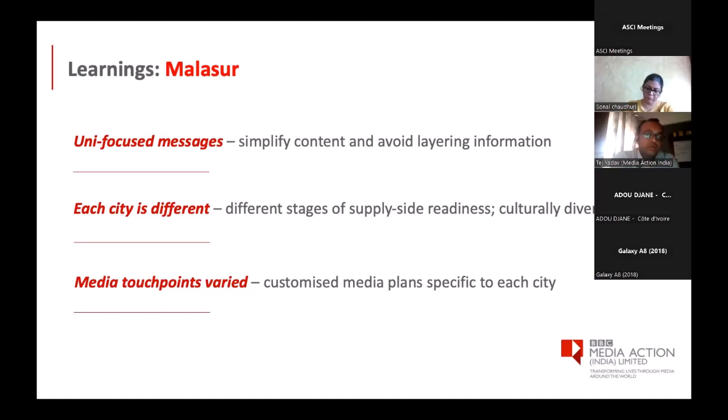And then third was about media plans across cities that need to be tailored according to the kind of platforms that were available to the government at that point of time. In states where more than one touch point was available, we used those touch points, or where there was one touch point, we used one touch point. So that's how it was designed and customized. And again, all this has effect on the kind of budgets that you have allocated for the campaign.